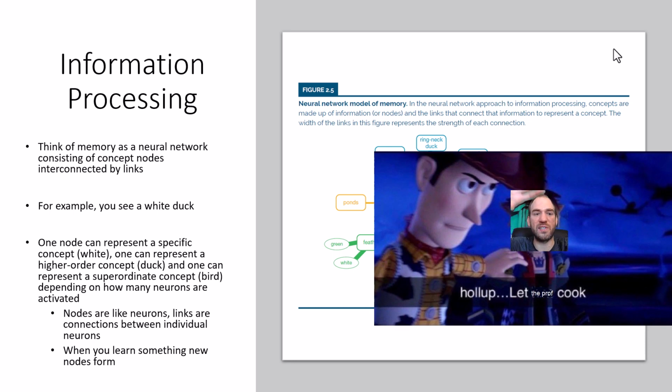So the idea here is that this concept, duck, is neurologically connected to these other pieces of information. So when we think of duck, we can also access all this other linked information that gives more information about the broader concept duck. And as you learn, new nodes form, that is new concepts form.